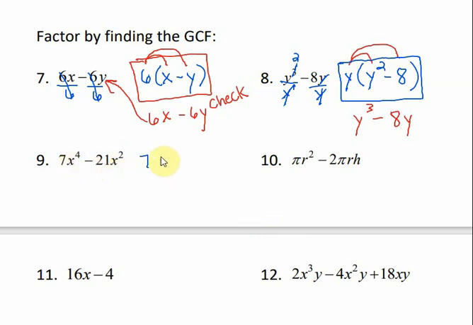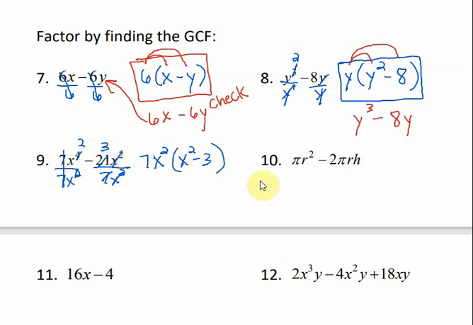They both have x's, and we want to use the smallest exponent, so it would be x squared. Now, if I divide this by 7x squared, I would get x squared. If I divide this by 7x squared, then I would get a negative 3.